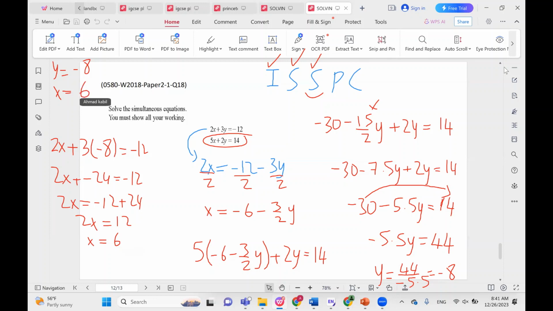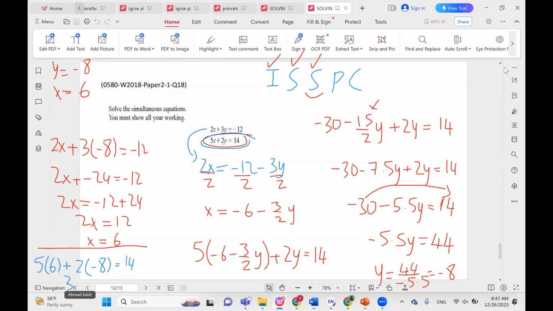If you want to optionally check as well, you can always try to do that in the second equation. So we have 5x plus 2y equals 14. I'm going to use the second equation here to check. So 5 times 6 plus 2 times negative 8 equals 14.